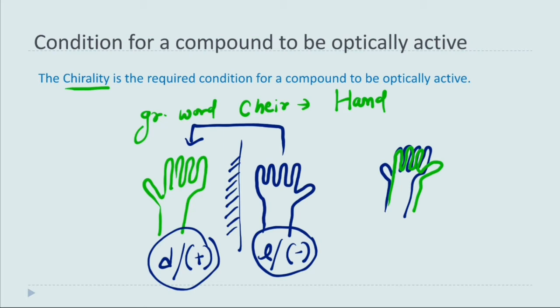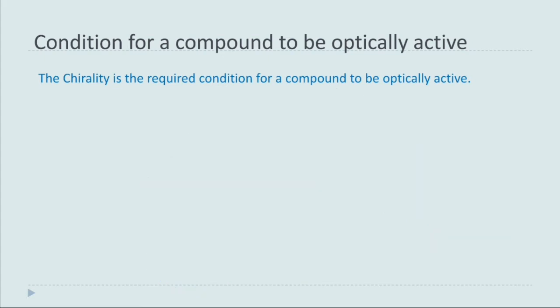So if this kind of property is present in any compound, then both these isomers are called optical isomers, or there is another term for them, enantiomers. So what are enantiomers? The two optically active compounds which are mirror images of each other but cannot be superimposed on each other. Okay, so let's conclude.